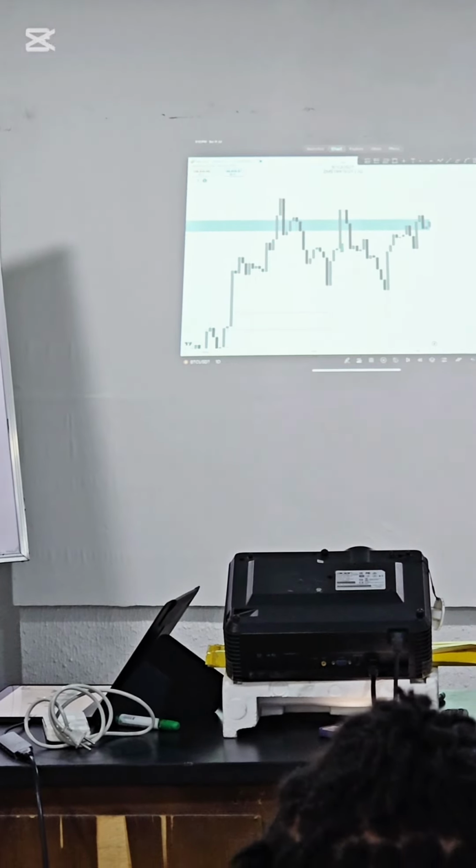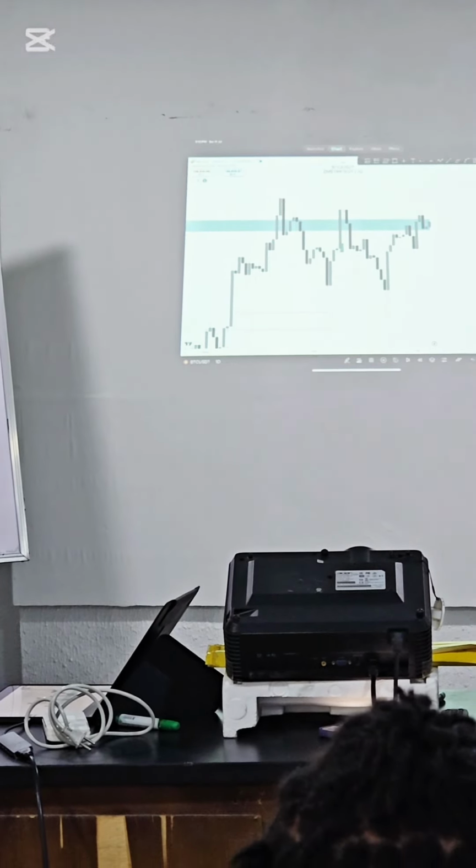Yes. We see that this place was actually a break from here. So you can see that from here, the market is actually coming down. Please let's start with that one first.